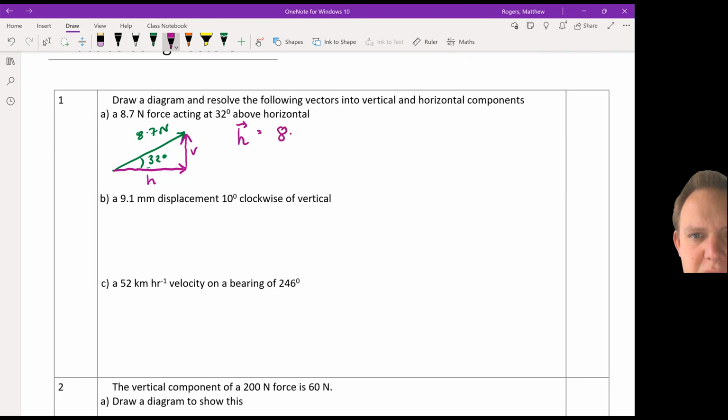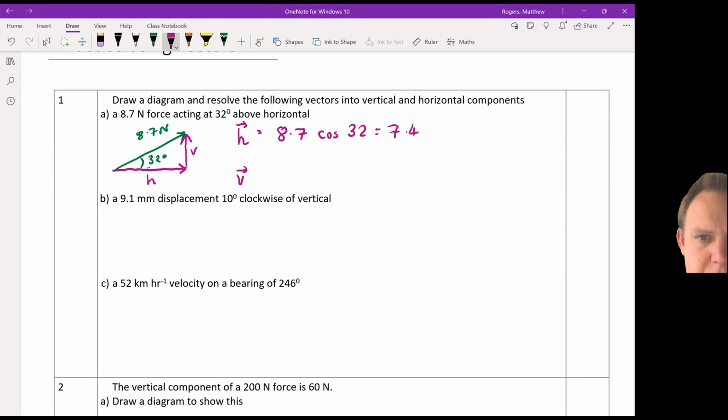So H is a value of 8.7 times the cos of 32. That gives us a value of 7.4 when we write it to two significant figures.